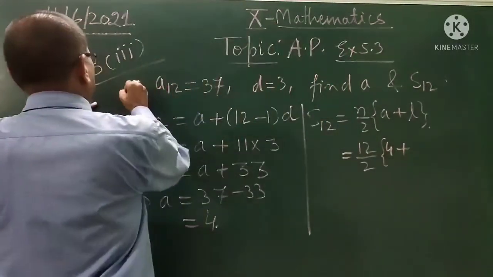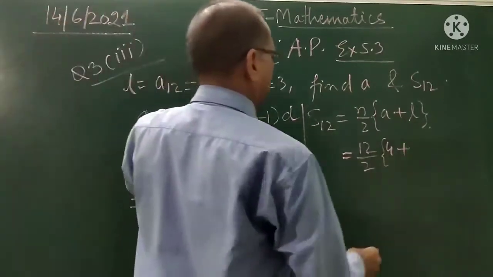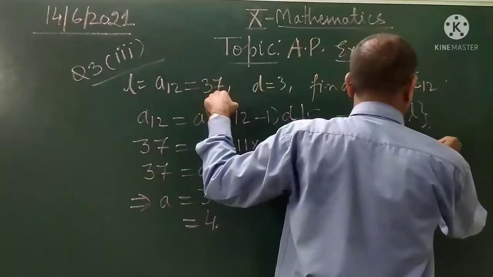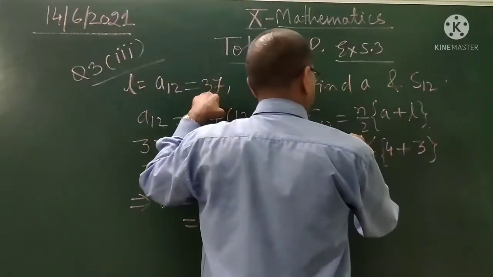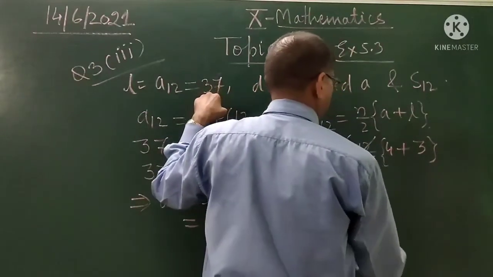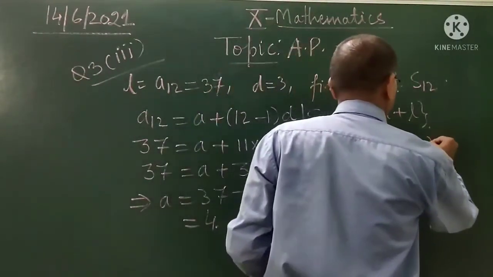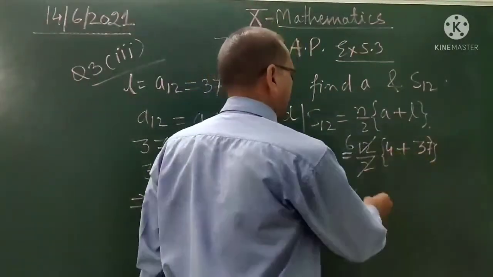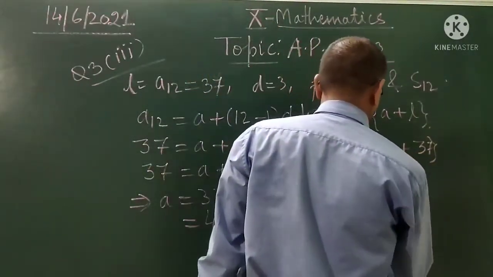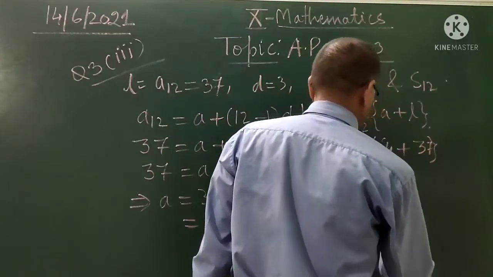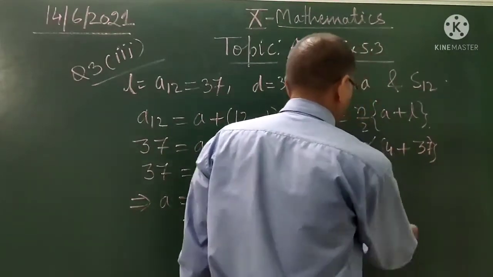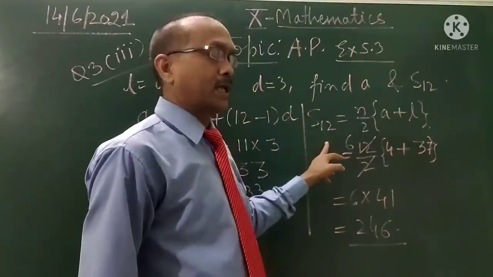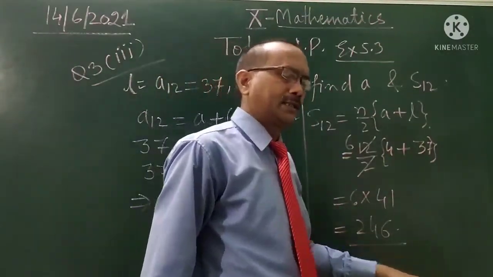L means A12, it is 37. 12 upon 2 is 6, 6 into 4 plus 37 is 41. 6 1s are 6, 6 4s are 24. So S12 is 246.